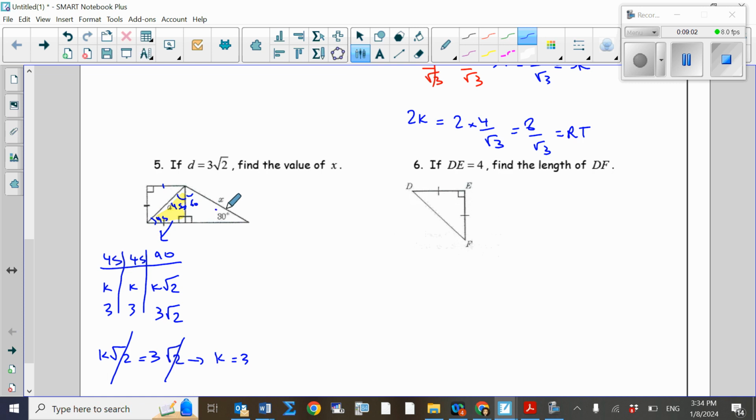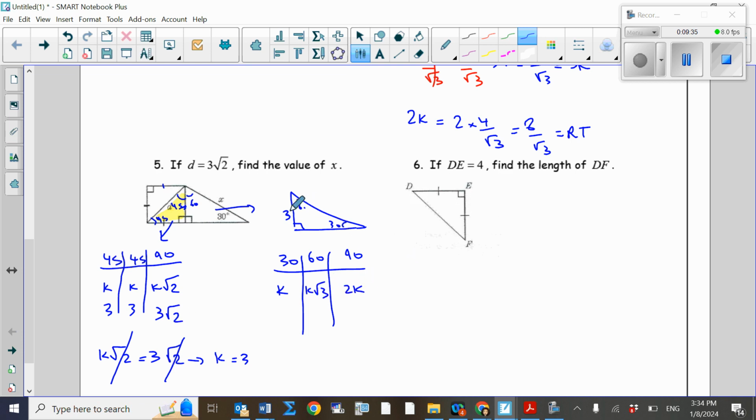Now I'm going to draw this triangle here again, just to separate it, so you see exactly what is happening on this triangle. This is a 30, 60, 90 triangle. And this side is what we just found. It's equal to 3. Now we're going to use this table. 30, 60, 90. The ratio of the sides are k, k root 3, and 2k.